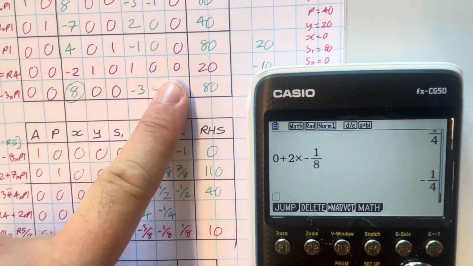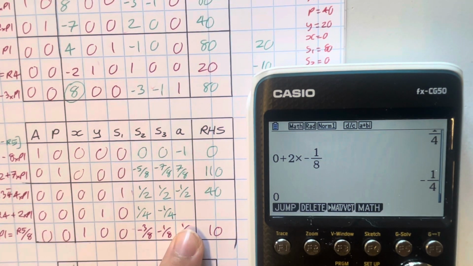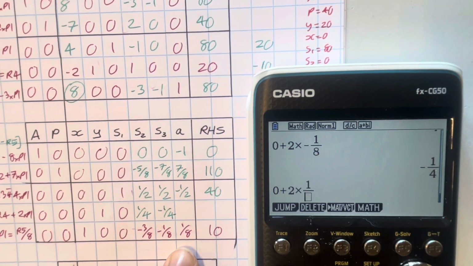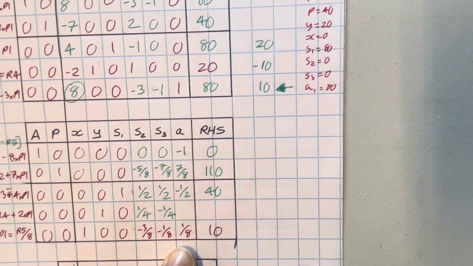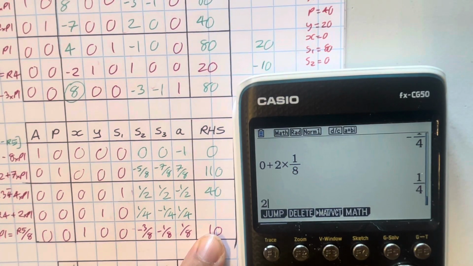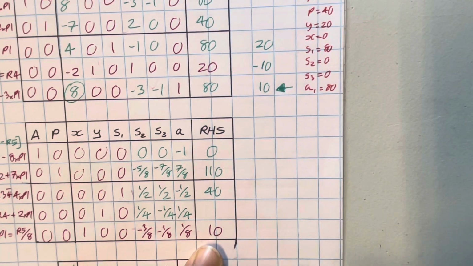And then we've got 0 plus 2 times 1/8, which is positive a quarter. And then finally, you've got 20, which is the previous entry, plus 2 times the pivot, which is 10. So that's 40. Okay, so there's my tableau there.